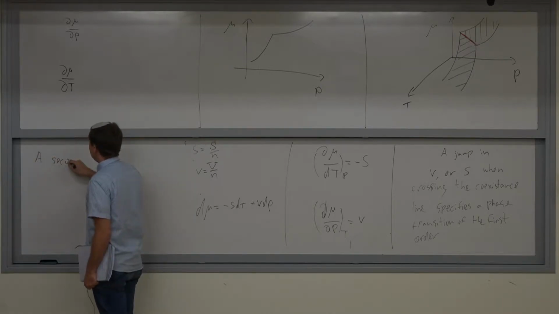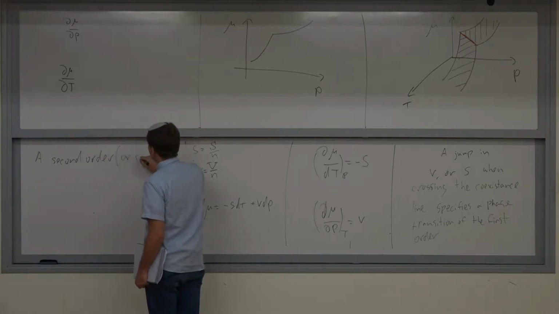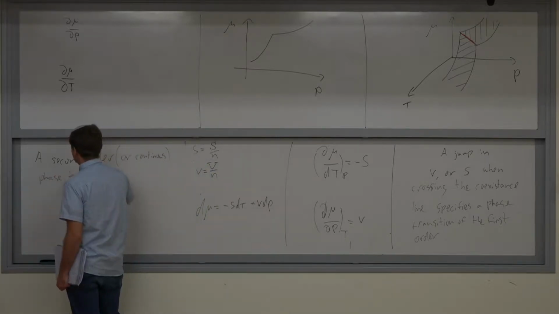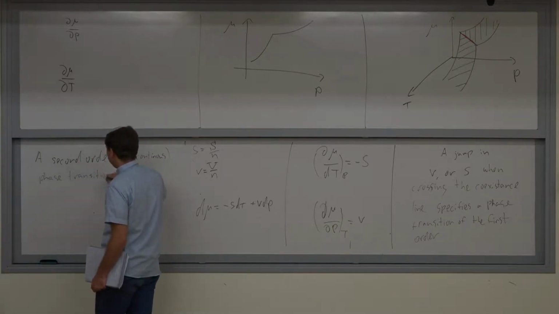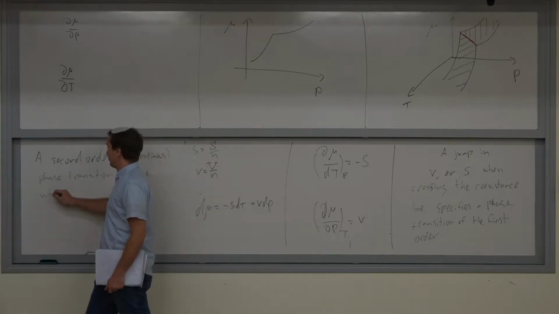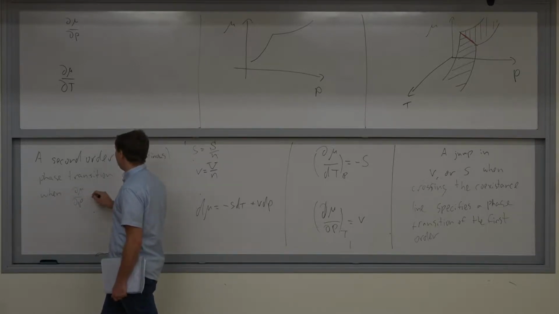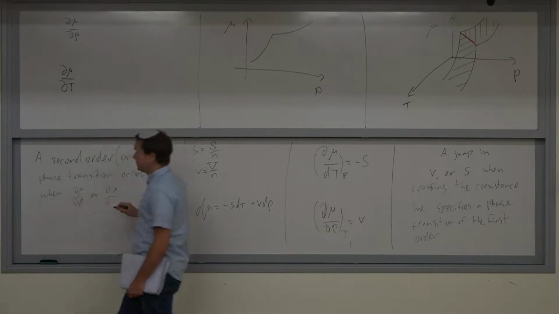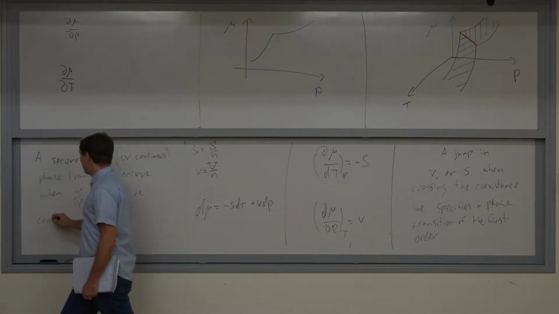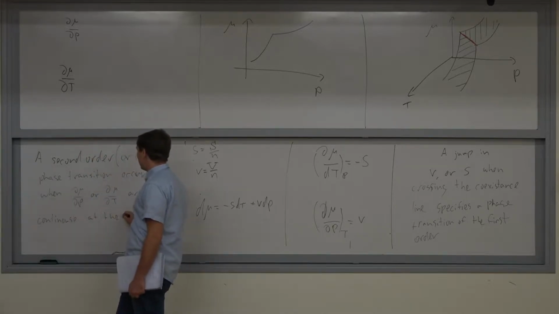A second order, or we'll say continuous, phase transition occurs when d mu dP or d mu dT are continuous at the coexistence line.